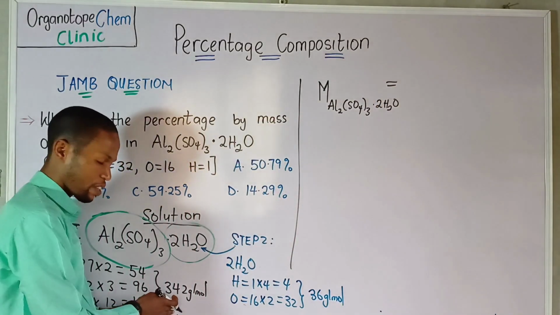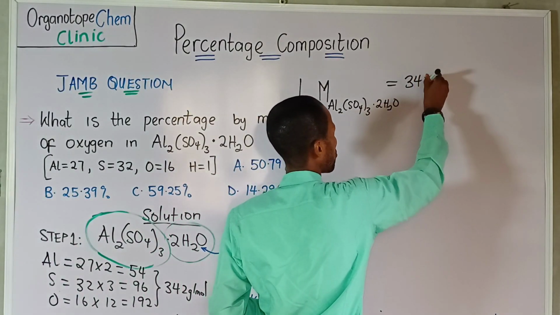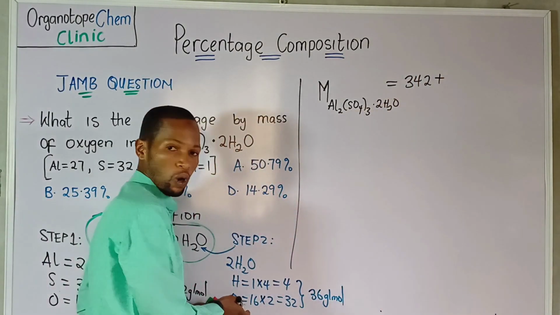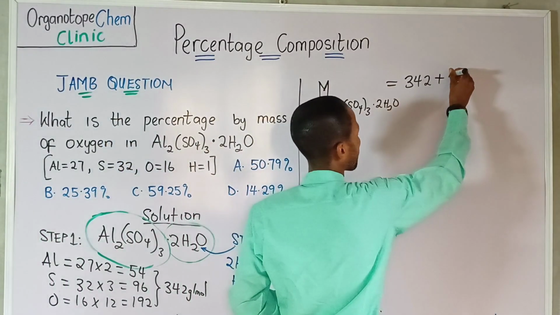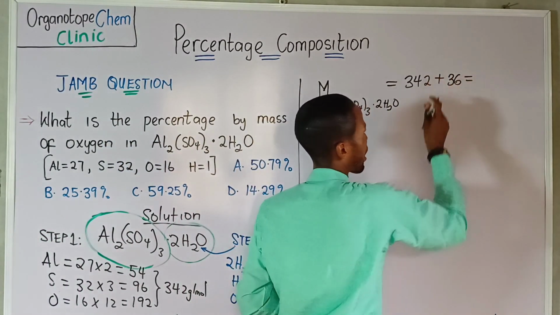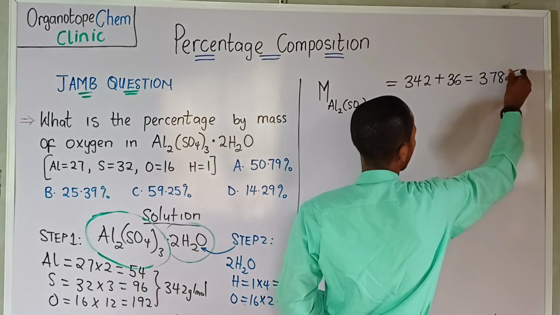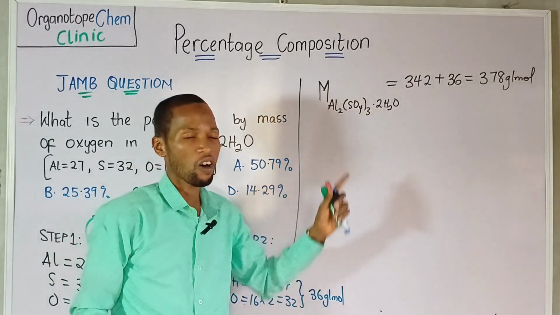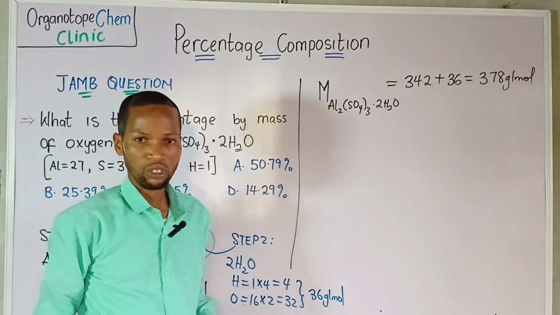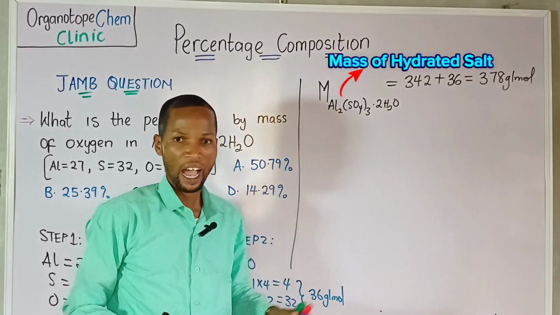The mass of the anhydrous part is 342 plus the water of crystallization, we have it as 36 gram. Okay, by the time we add this together, we tend to have 378 gram per mole. Okay, so this is the mass of the hydrated salt, aluminium tetraoxosulfate 6 dihydrate.